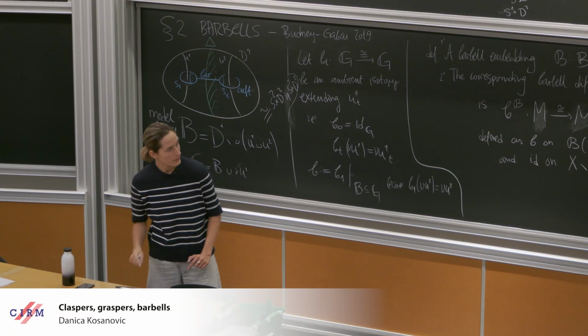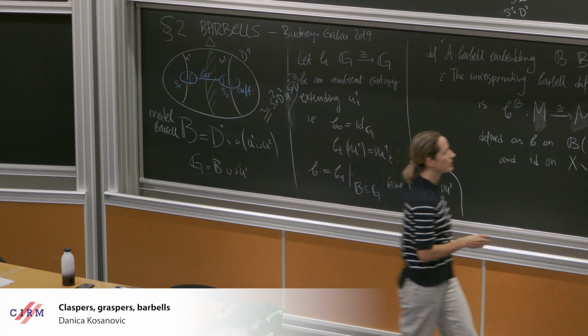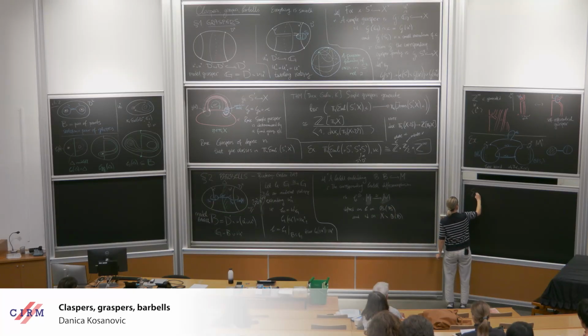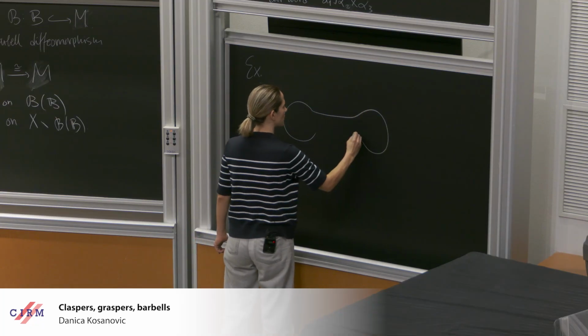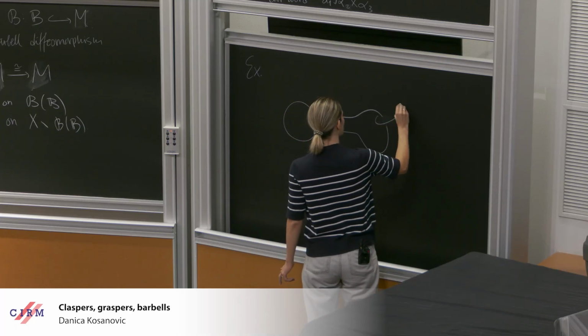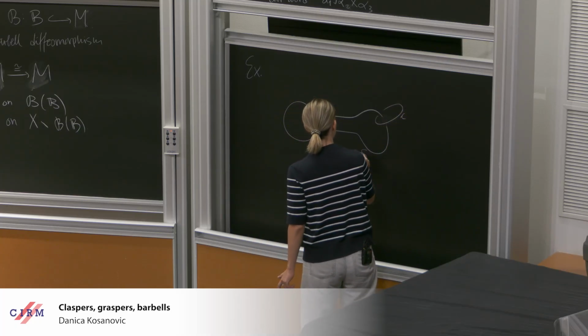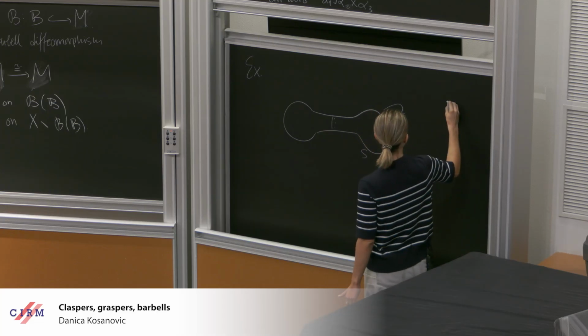And one more thing I wanted to draw, and this will come up later, is another example of a barbell in a 4-manifold. I'll choose a sphere S and a circle C that just form the Hopf link in S4.